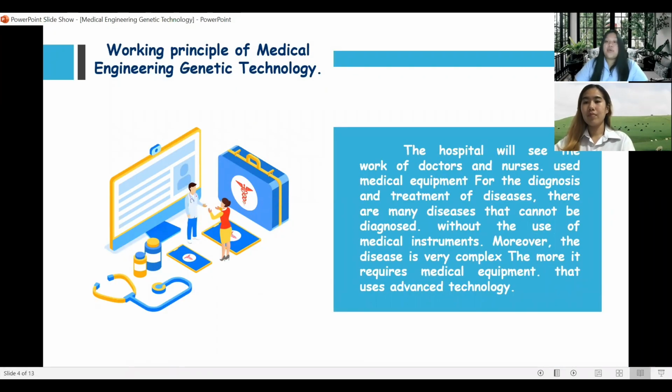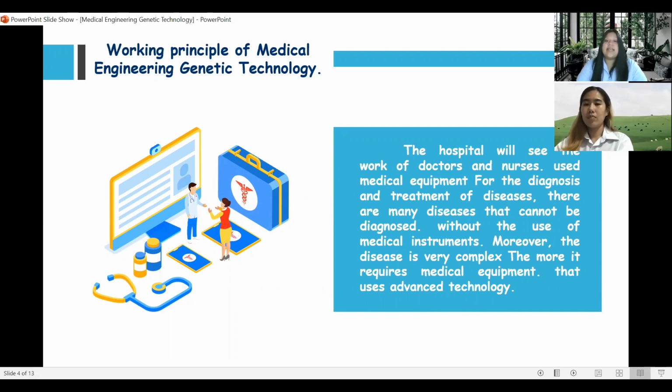In the hospital, we will see doctors and nurses use medical equipment for the diagnosis and treatment of diseases. There are many diseases that cannot be diagnosed without the use of medical instruments.